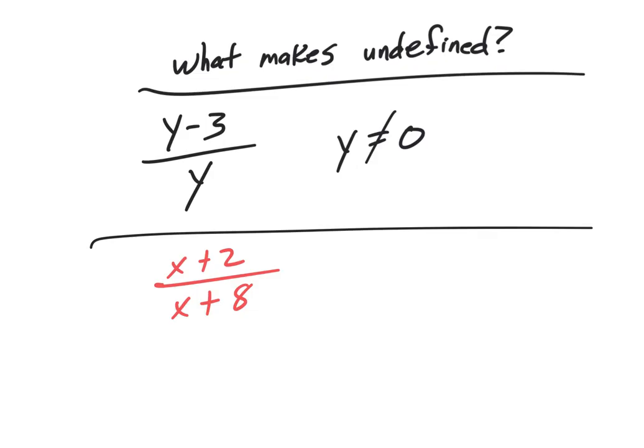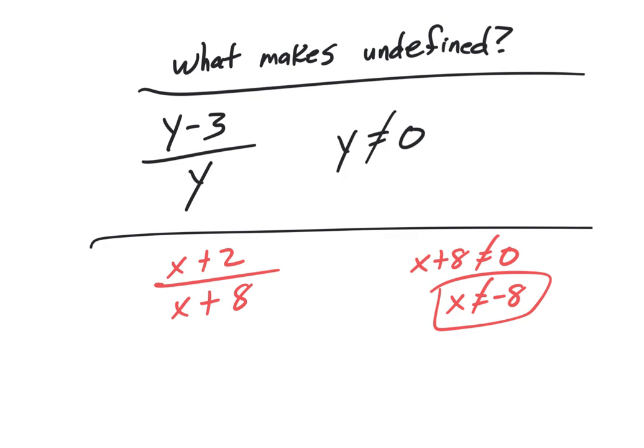It makes 0 on bottom, right? So all you would really need to do is set the denominator equal to 0. A lot of us can probably determine that in our head because negative 8 plus 8 are opposites, so they make 0, right? But you could just set it equal to 0. I would say x plus 8 cannot equal 0. So if I subtracted 8, x cannot equal negative 8.